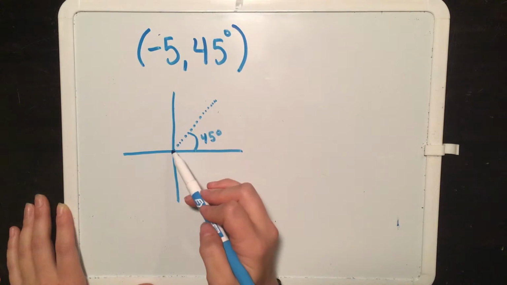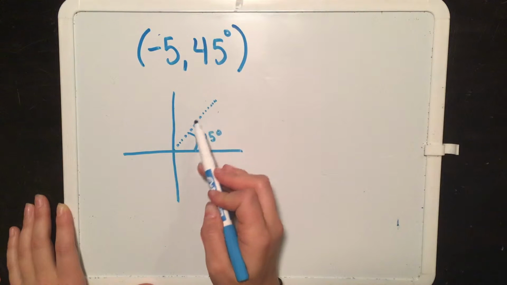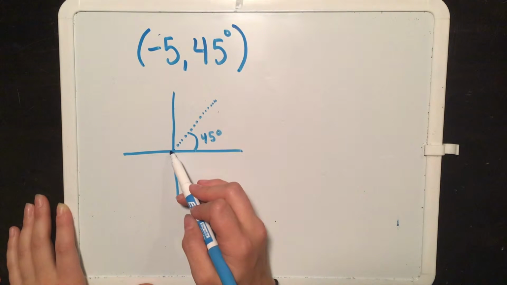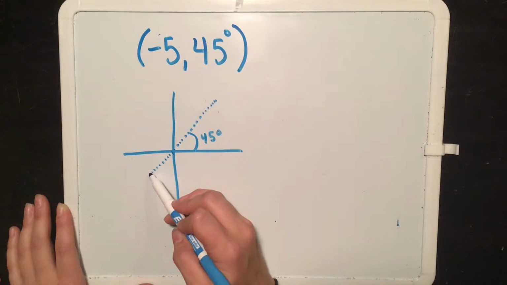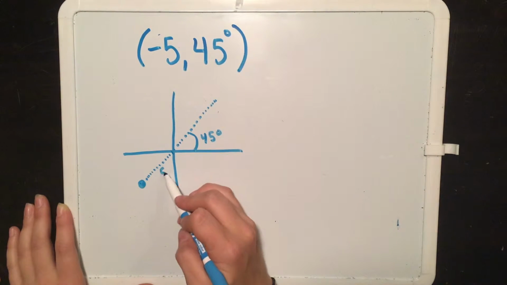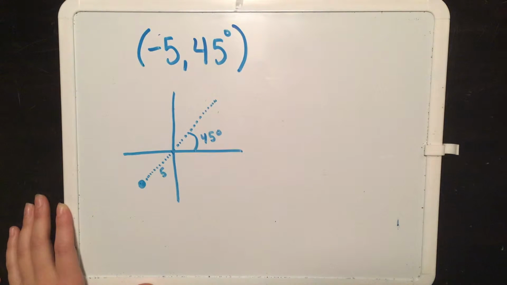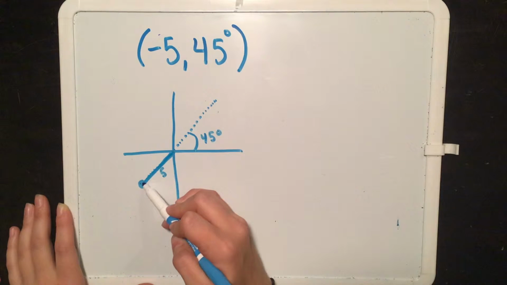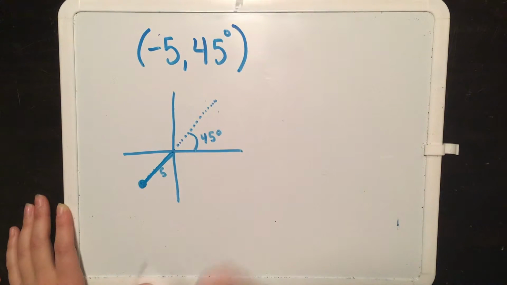But our radius this time is negative, so instead of going in the direction of the angle, we're going to be traveling 180 degrees in the opposite direction with a distance of 5. So this becomes our polar coordinate.